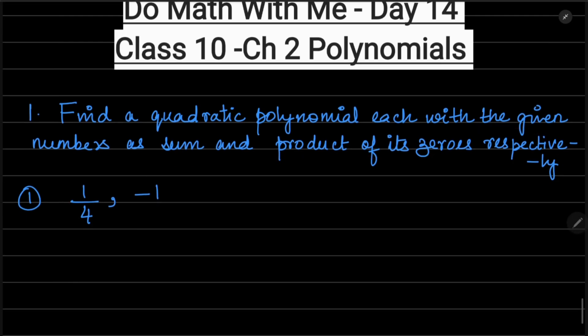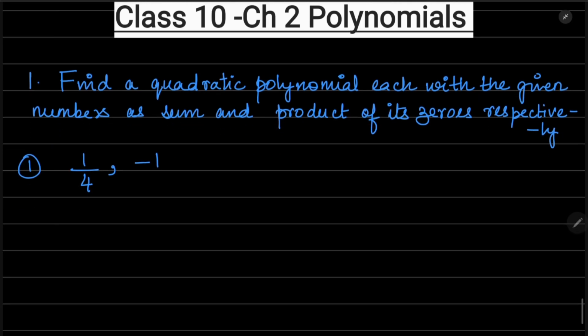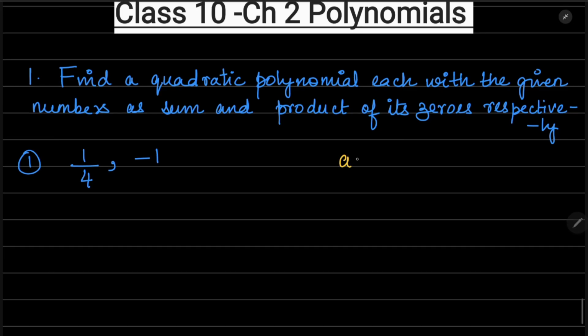Let me tell you what is a quadratic polynomial. A quadratic polynomial in general is of the form ax square plus bx plus c. This is the standard form of any quadratic polynomial. The highest power of x here is 2, so the degree is always 2, and because the degree is 2, this is called a quadratic polynomial.